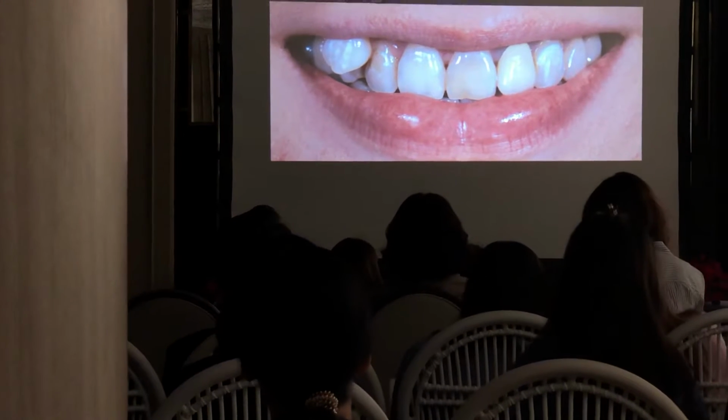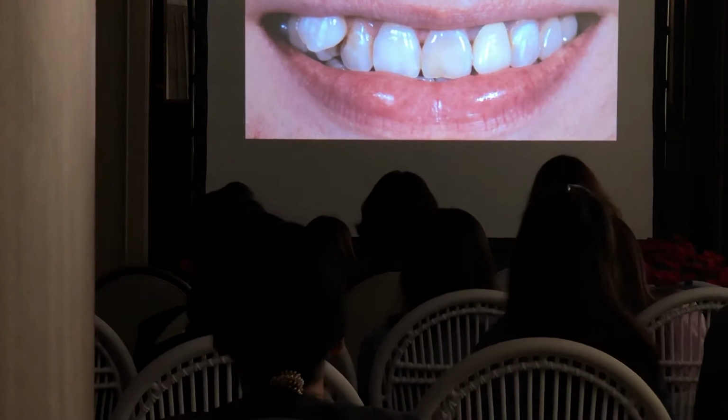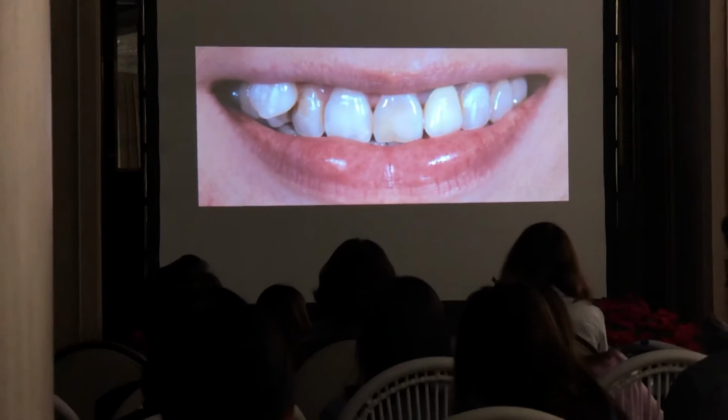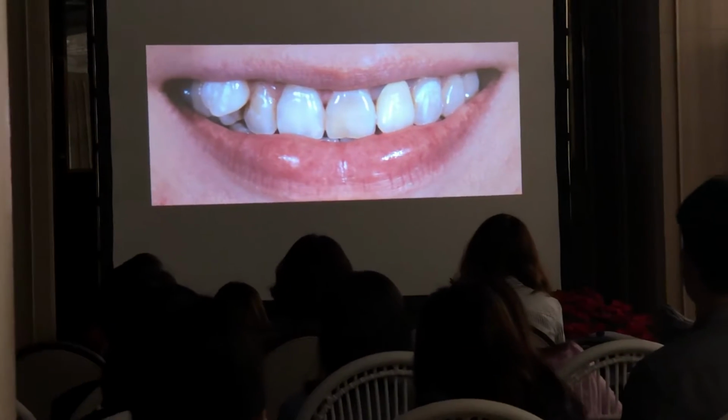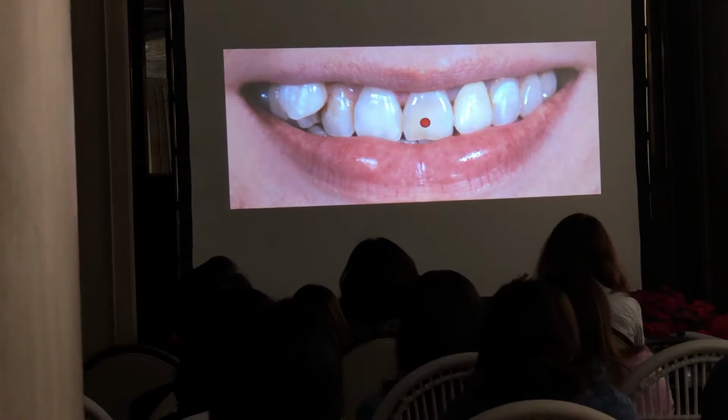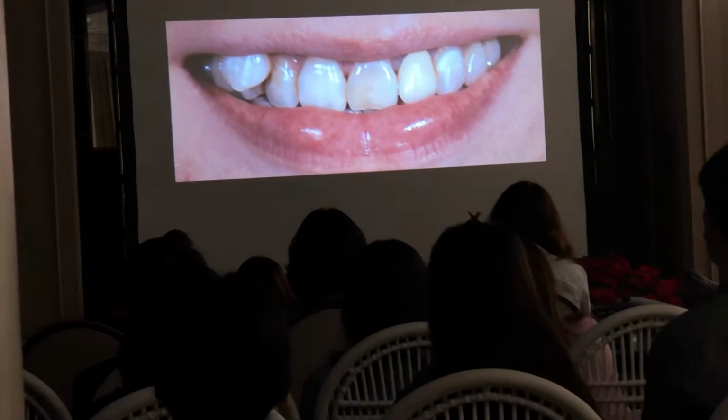So may I use the veneer to treat your teeth before, and then we can correct your tooth color after. Because this is the PFM, this is post root canal treatment and discoloration.